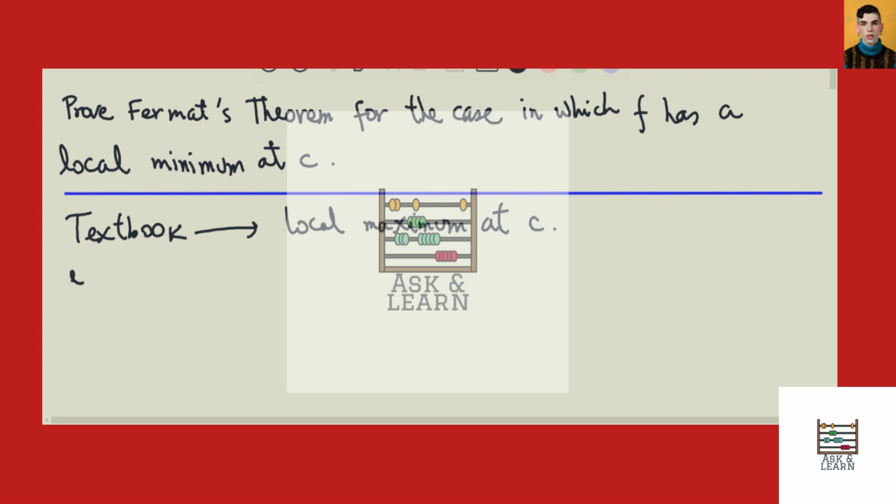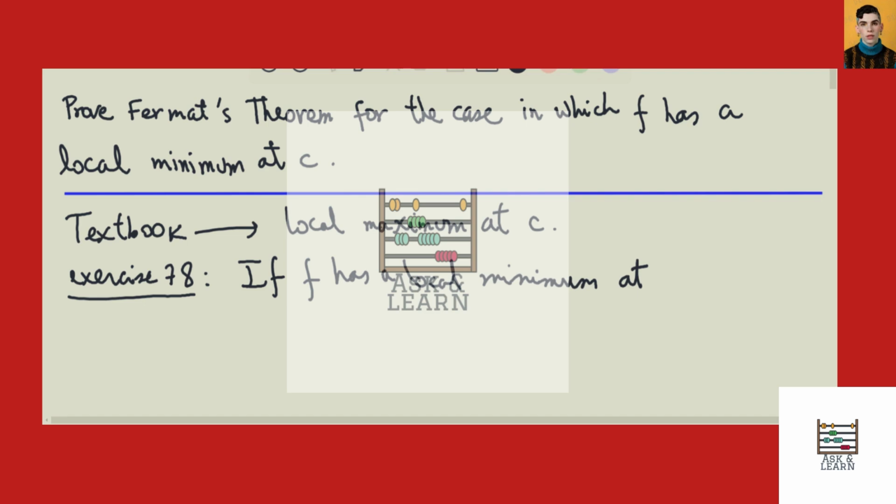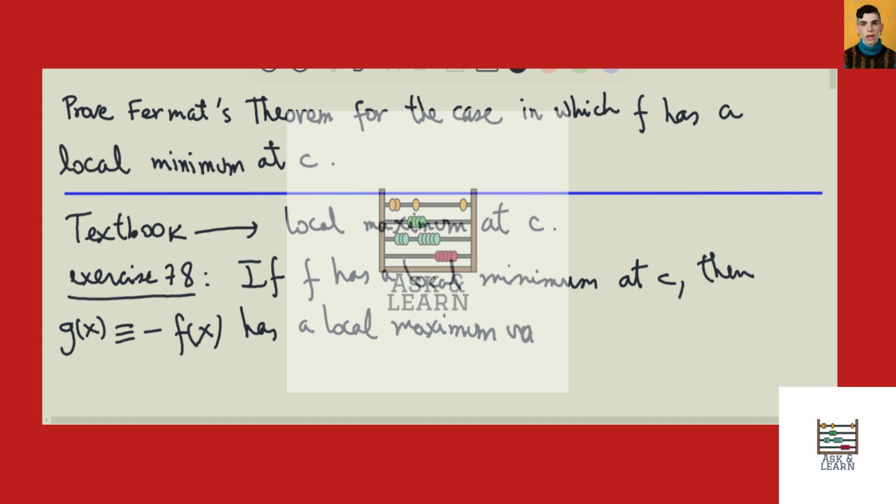But for this, we're going to use exercise 78, which says that if a function f has a local minimum at a point c, then g of x defined as negative f of x has a local maximum value at c, at the same point.